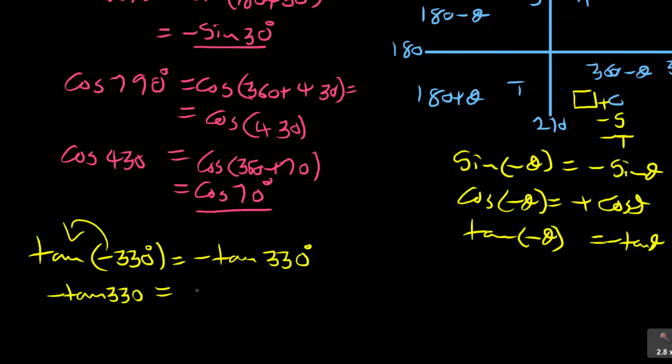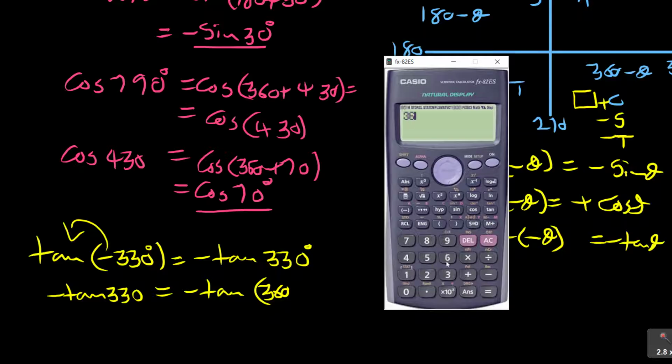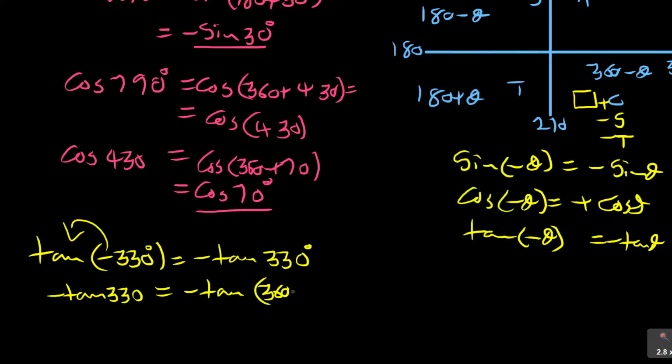Coming from minus tan 330, what does it simplify to? Which quadrant is this? 330 is in the fourth quadrant, so it's minus tan (360 minus theta). That's the reduction rule there. What do you subtract to get that? Subtract the two, the bigger one first. 360 minus 330 is 30 degrees. So minus tan (360 minus 30) degrees.